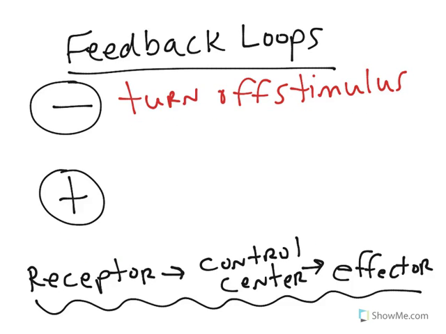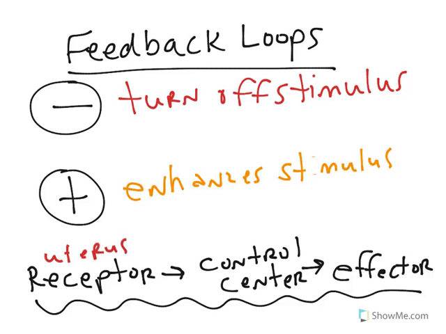Now, the positive feedback loop does not occur as often in the body. There are only a couple of examples of it in the human body, but it enhances the stimulus. One example of this is childbirth. In childbirth, the receptor is the uterus, and it receives the signal that the child is ready to be born.